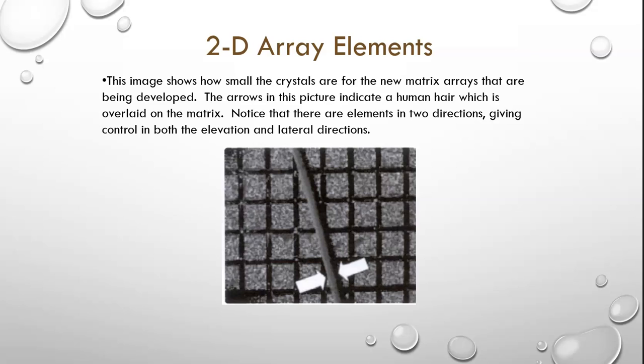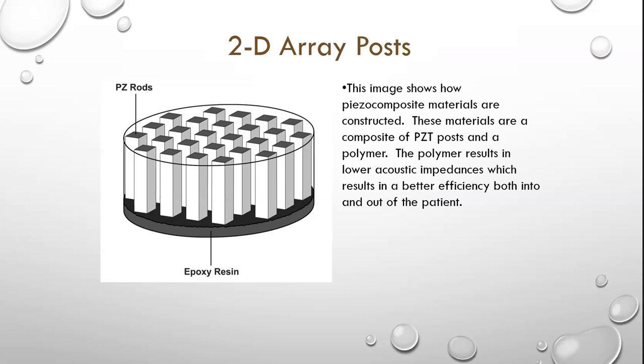So you can imagine how small the elements are in one of these probes. These are very expensive probes, and I frankly don't have any because I can't afford them. Some more pictures of the two-dimensional array probes.